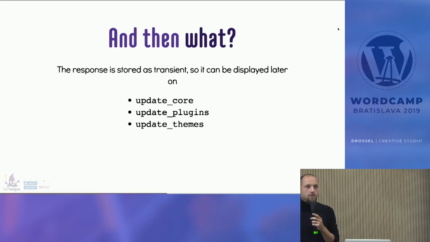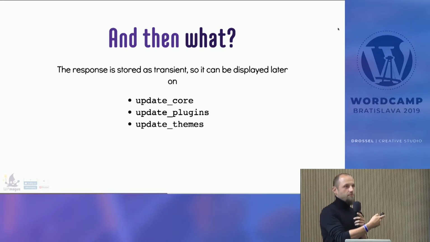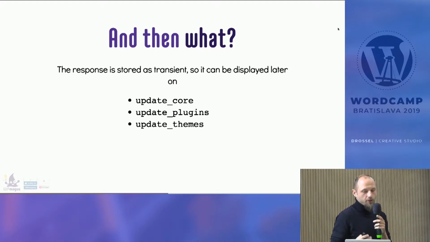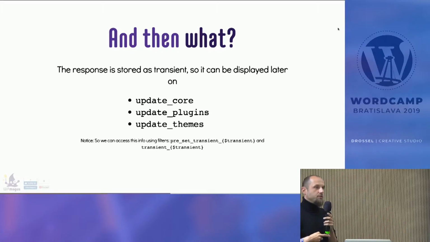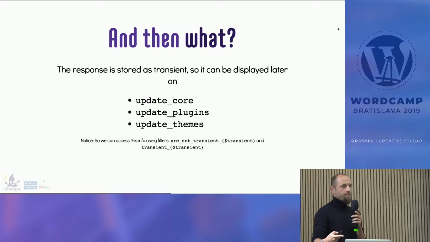And once again, this part is boring, right? Because, okay, those are the names, and so what? Well, it's not so boring, because if these are transients, and we know their name, we can again use some filters to modify it.